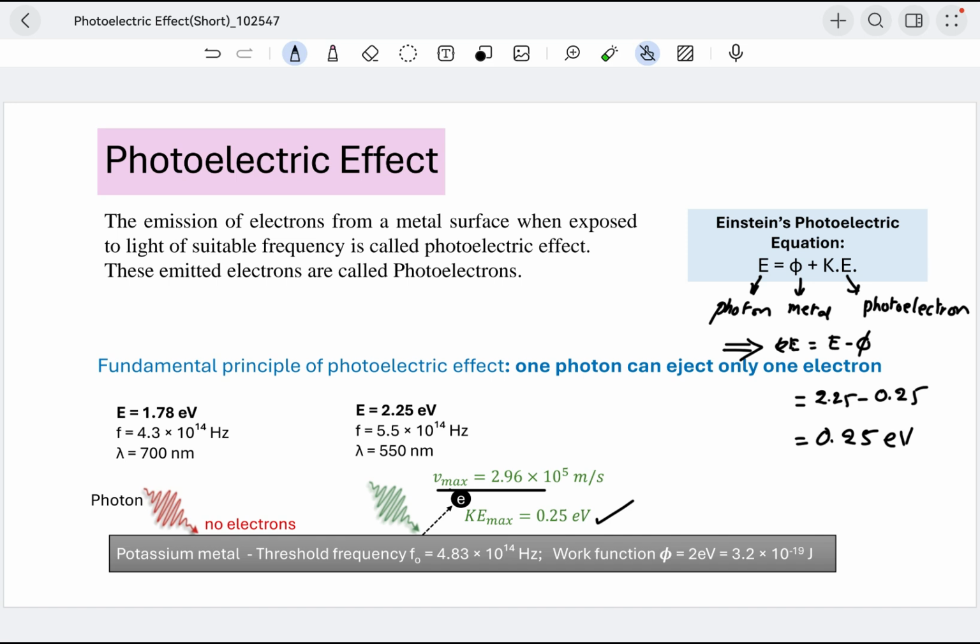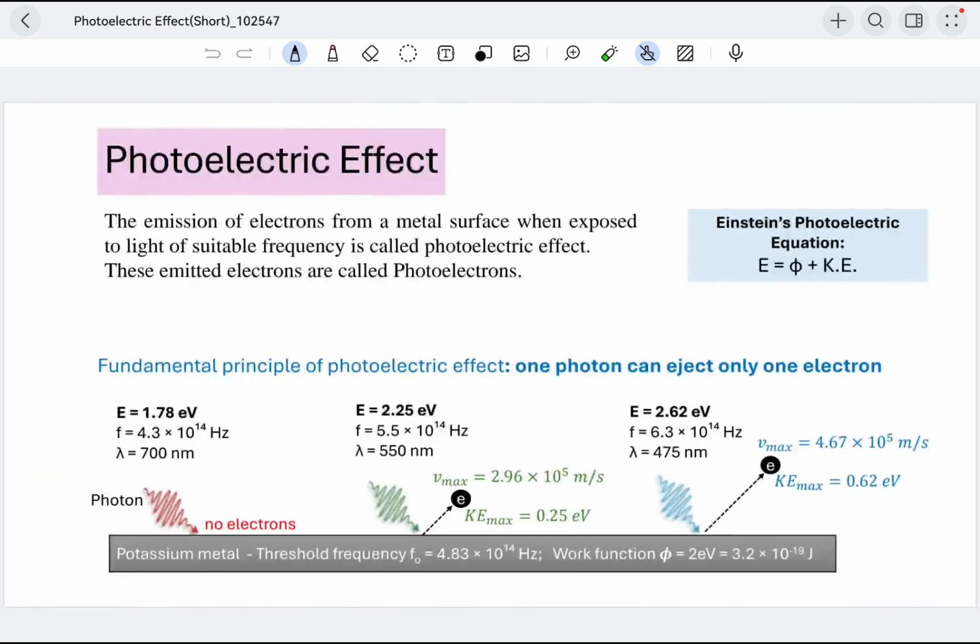Let's take another example. This time we have taken the blue photon. The energy of this blue photon is around 2.62 electron volt, whereas the work function of this metal is 2 electron volt.